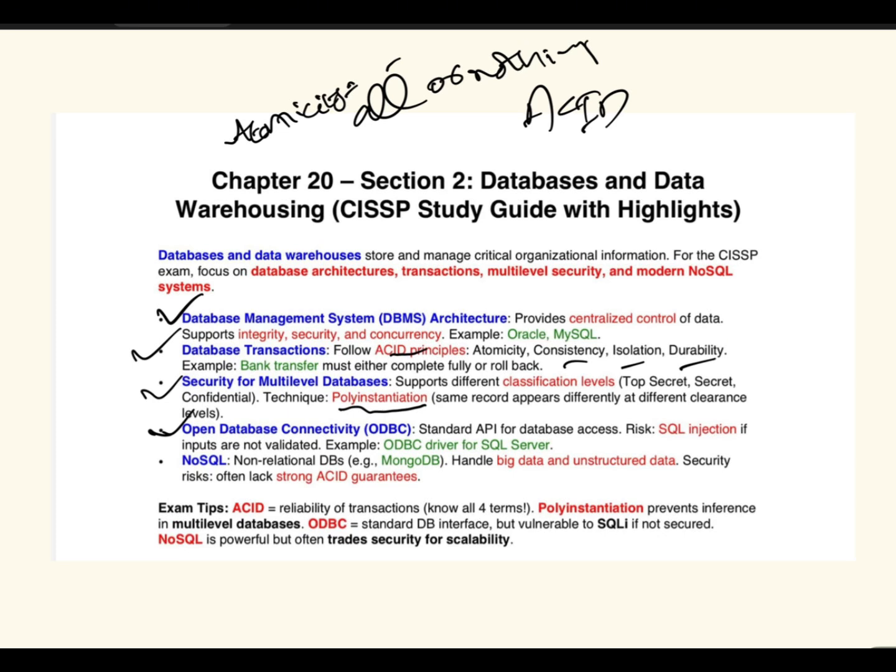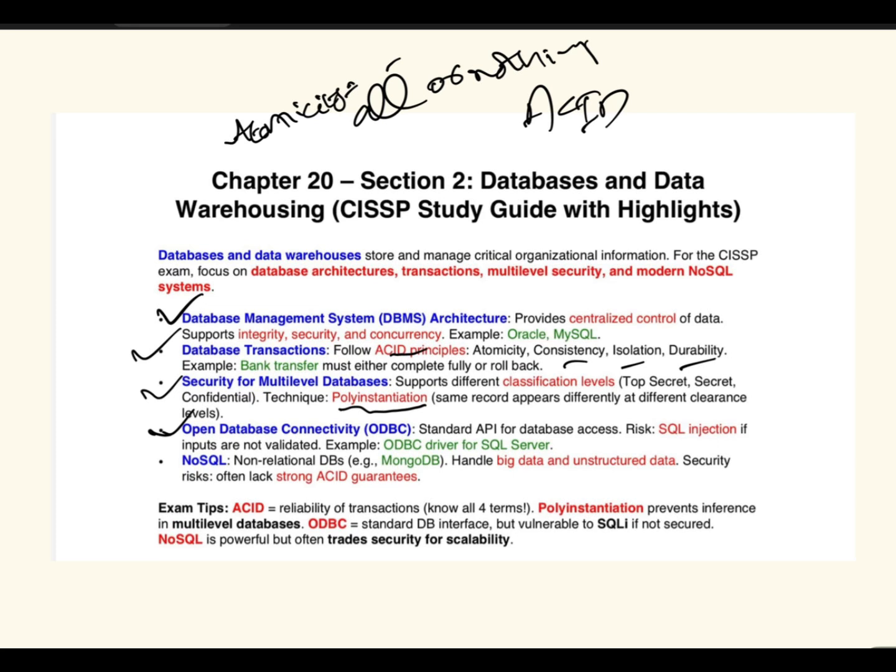For example, a reporting app connects to SQL Server using an ODBC driver. Security concern: if user input is not validated, ODBC connections can be exploited via SQL injection. So ODBC is convenient, but you must validate inputs to prevent SQL injection.